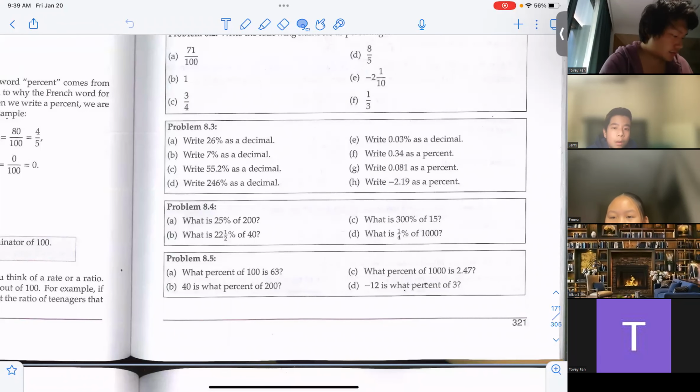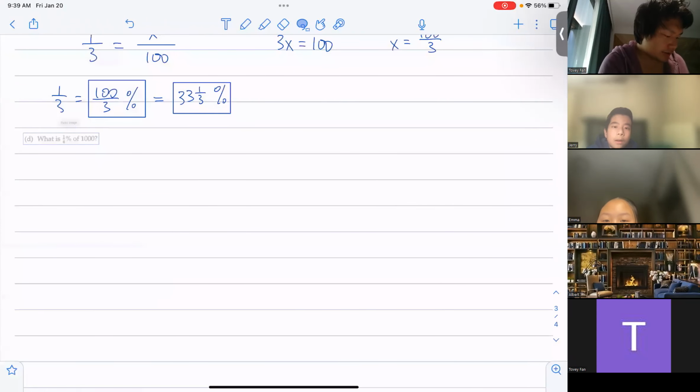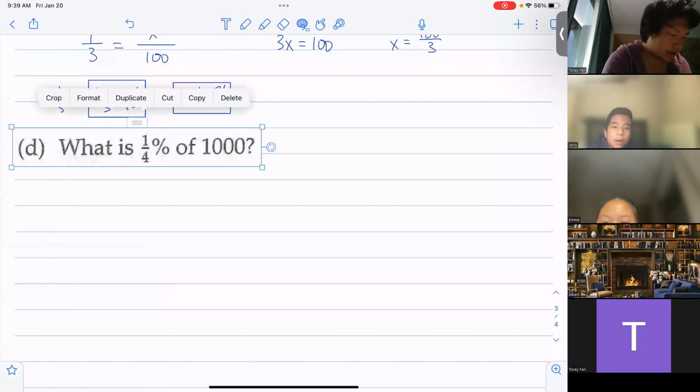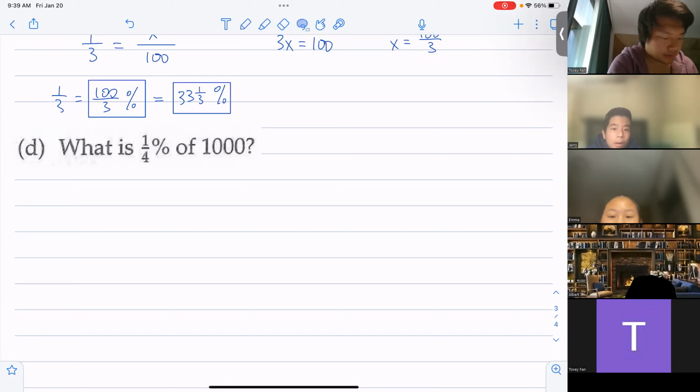Okay, let's see one last problem, D. In homework, I see that this is also one of the problems for Jerry. Jerry, you got one homework question wrong, and it was a similar problem to this. So what is 1/4% of 1,000? This kind of question, we always just multiply them.